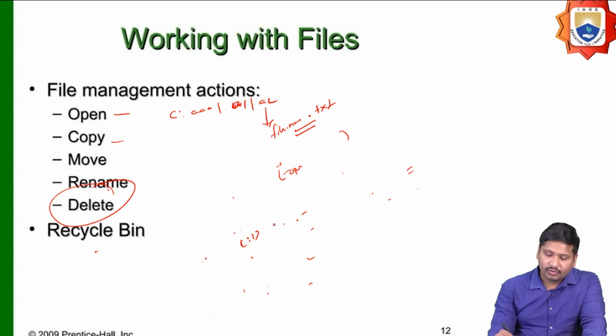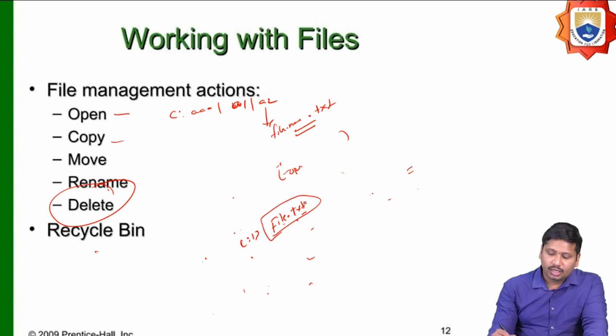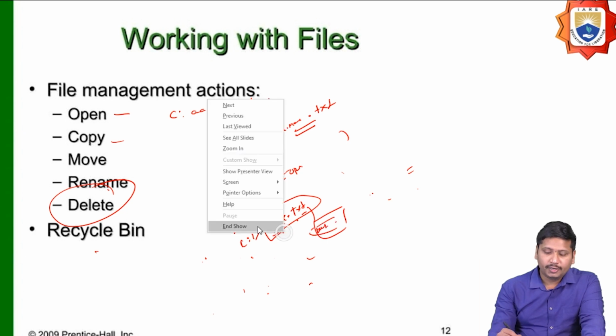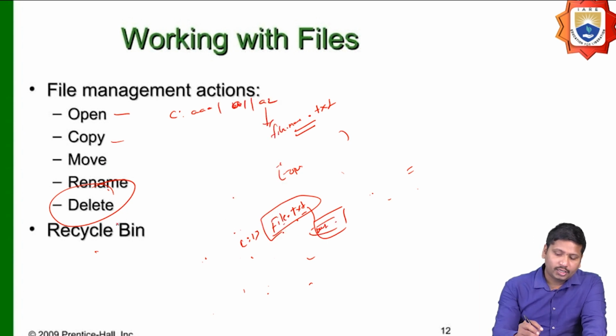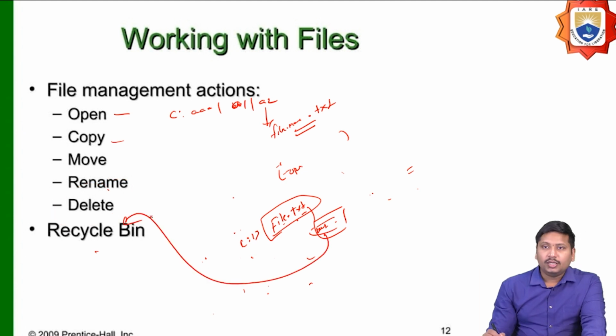Suppose in C drive I have the file file1.txt. I want to delete this since I no longer want to use it. Then I can right-click and click on the delete option, so that the file is deleted. And the file I deleted is stored into the recycle bin.